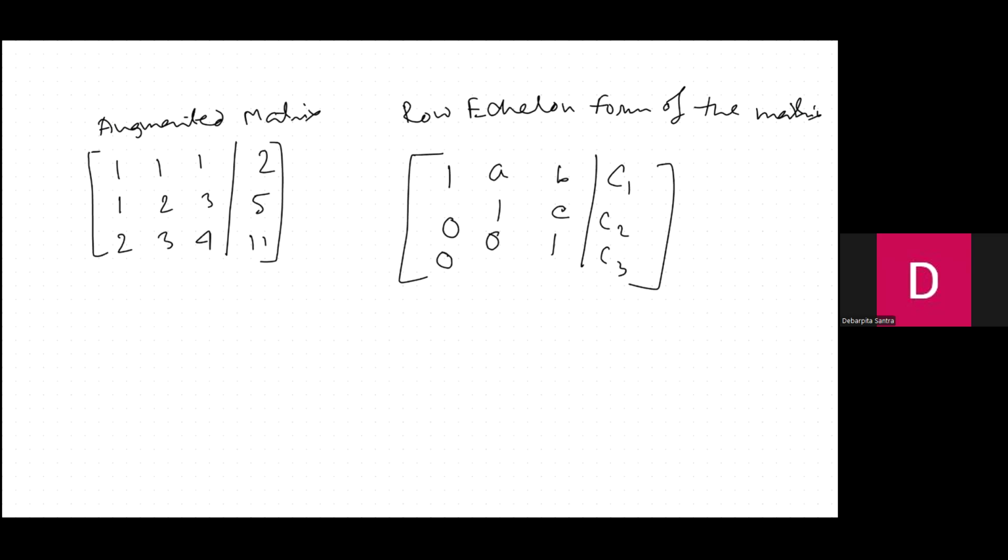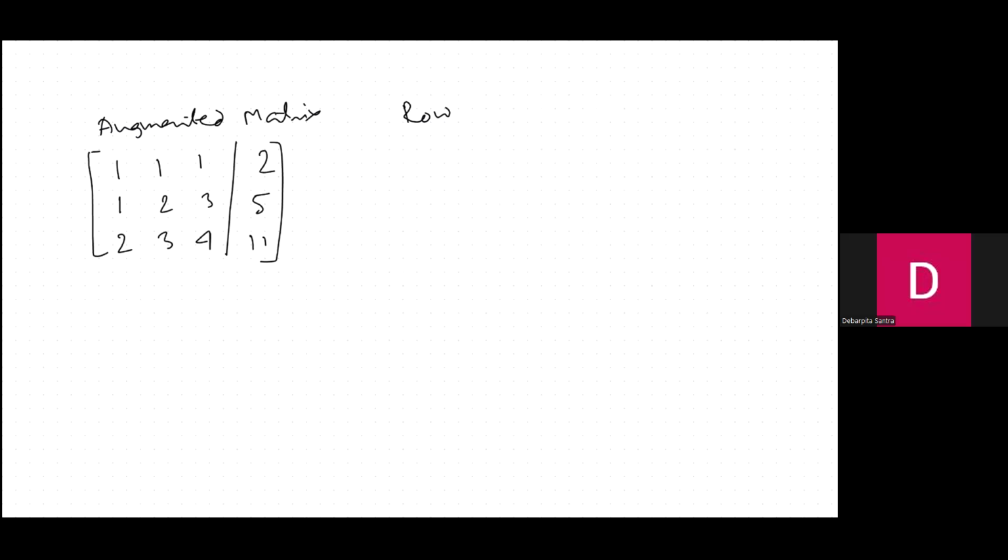In the Gauss elimination method, we have to find the row echelon form of the matrix from this augmented matrix. For this, we have to do row operations. Here you see, the diagonal value should be 1.